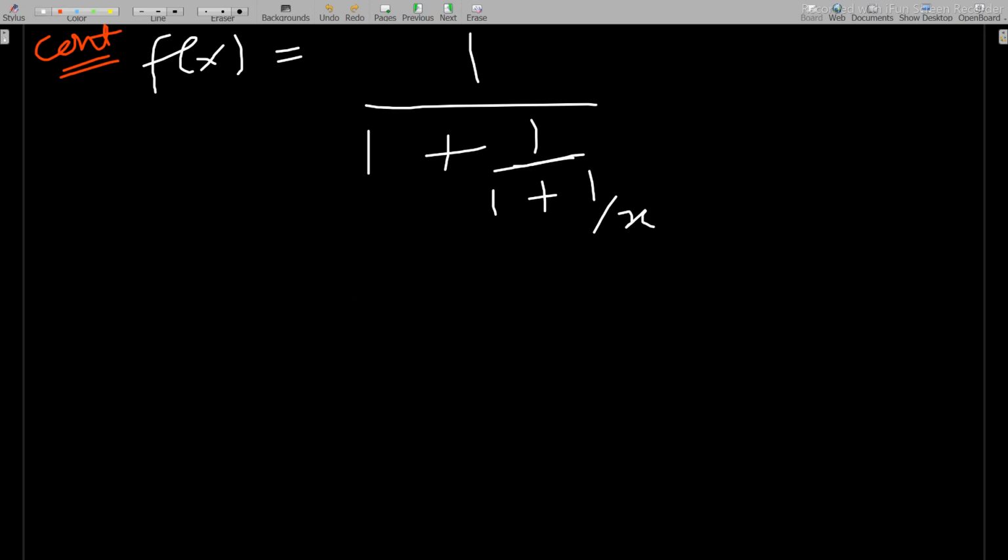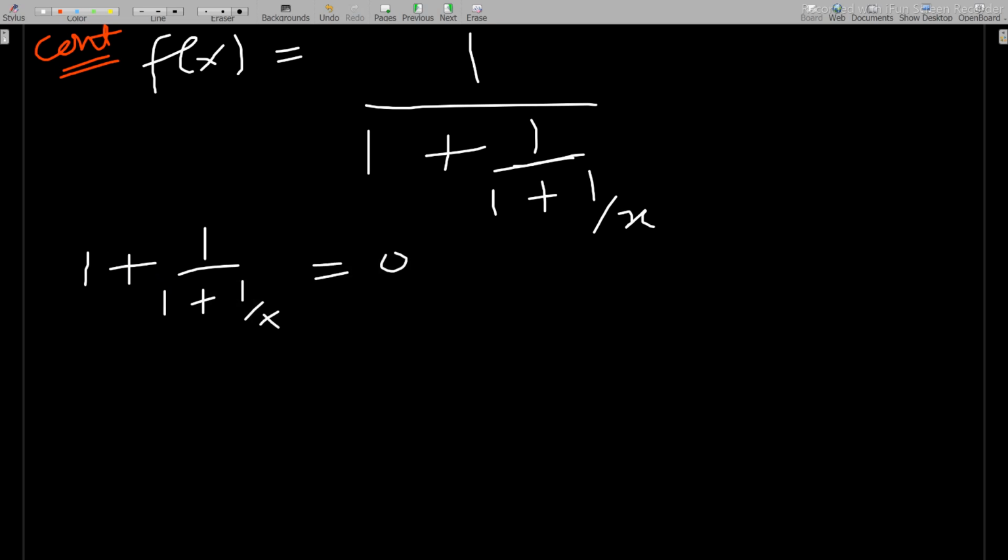And the other part is, what if the whole of this denominator is 0? It's also not defined, because when you have a fraction and the denominator is 0, the fractional function is not defined. So what if 1 plus 1 over 1 plus 1 over x is actually equal to 0?